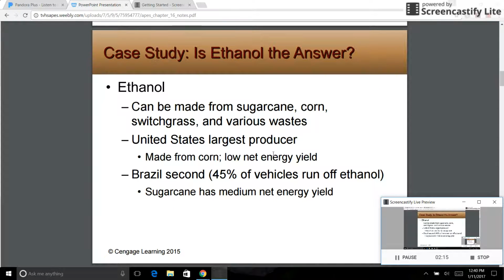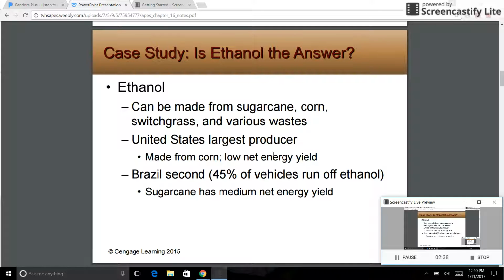Ethanol is a whole other category. It's just the actual type of fuel you get from it versus biodiesel. And ethanol can be made from various things as well. The three that you see here on the screen: sugarcane, corn, switchgrass, three of the most common. The U.S. by volume is the largest producer, but not necessarily the largest user.